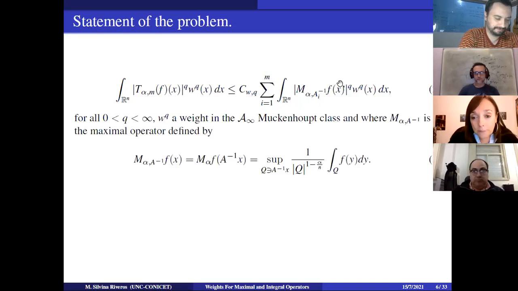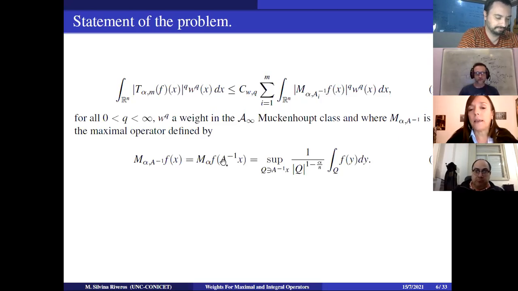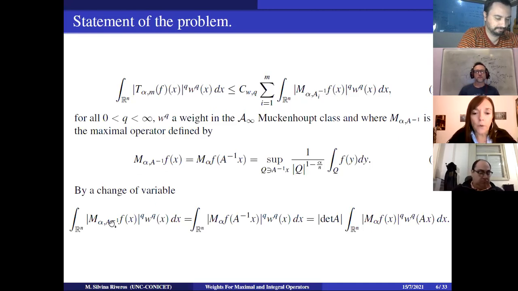This maximal operator is like the fractional maximal operator, but instead of being evaluated at x, it is evaluated at the matrix A to the minus 1 times x. So, if I want to continue this inequality, as I said, in the definition of this operator, if I make a change of variable, the matrix can be moved to the weight.